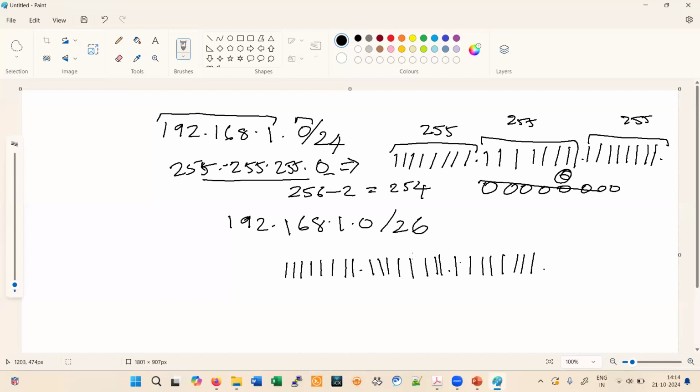This is /24, right? You can see here, this is /24. Here we have /26. So take 2 bits from the host part and make them one, and the remaining are all zeros. This is the binary of /26. You can see that.